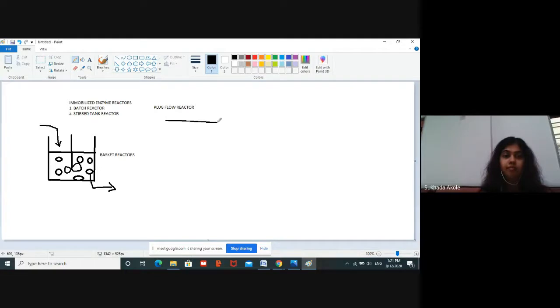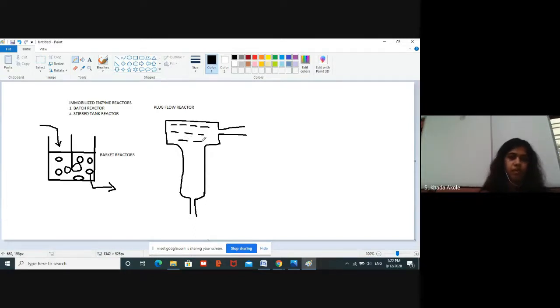Let us draw. So this is the basic diagram of a plug flow reactor.